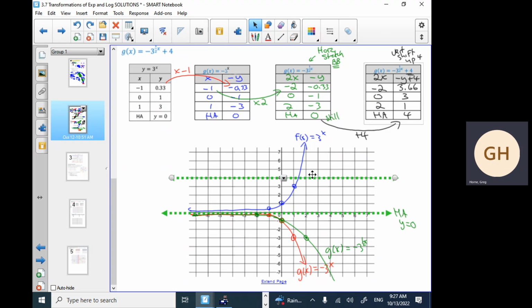Up here, horizontal asymptote up there, and we're going to shift everything up. So we're going to shift our new point at 2, just under the asymptote up there, and we're going to shift this one up 4 steps, right?